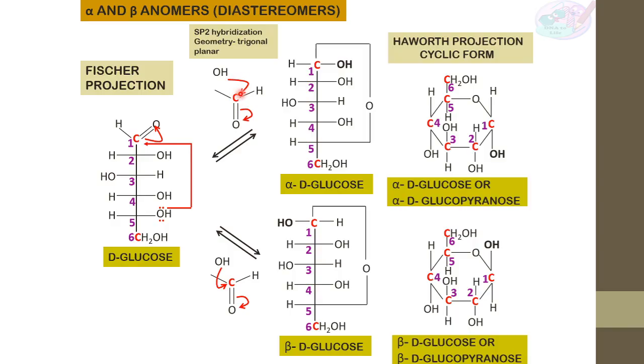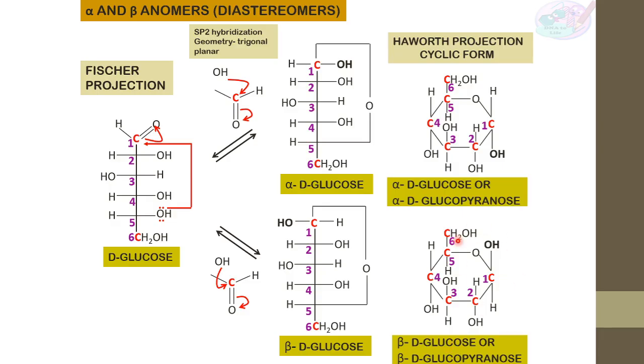If it is attacking this way, it will shift this newly formed OH toward the downward direction. So this will form alpha D-glucose. If this OH attacks this carbon this way, it will shift this newly formed OH toward the upward direction. So this is beta D-glucose.